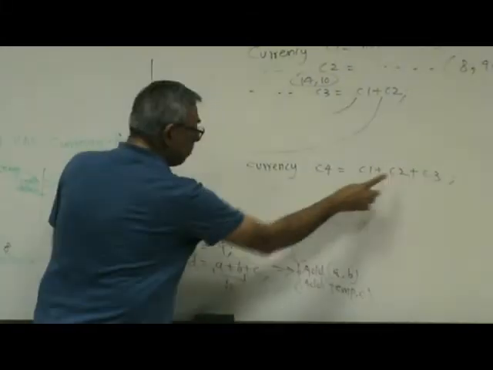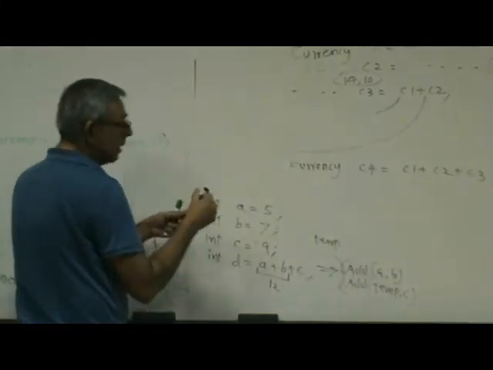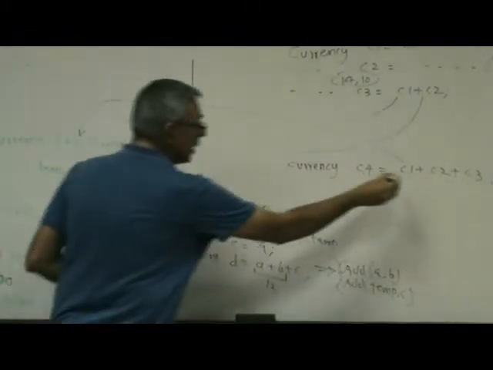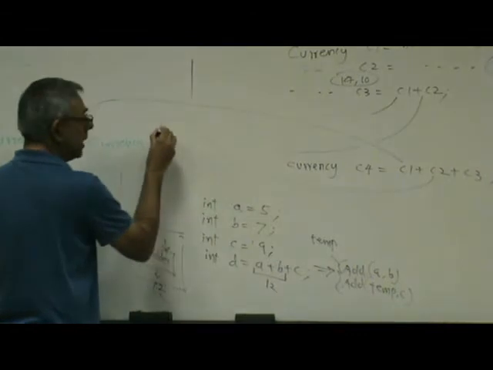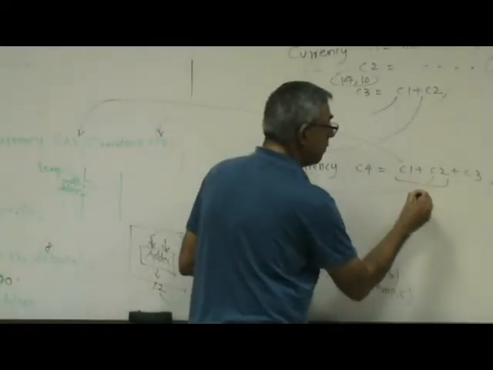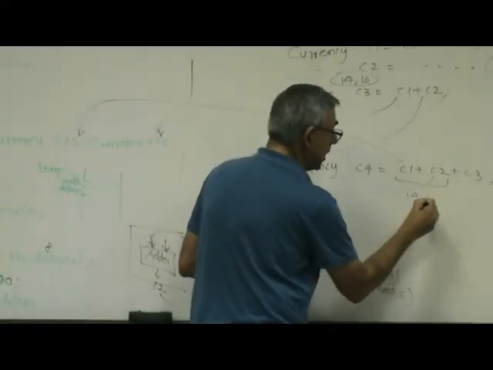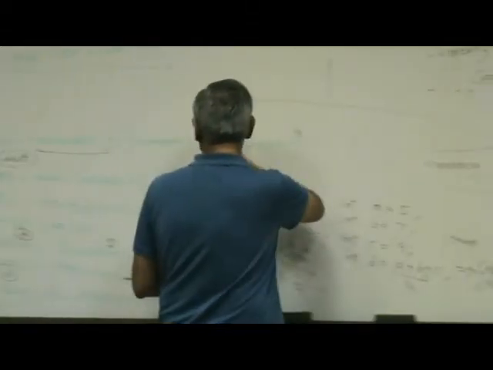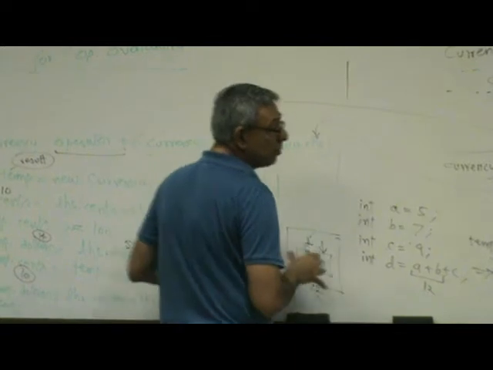C1 plus C2, C1 will be given as the left-hand side, C2 will be given as the right-hand side. So it will compute, in this example, $14.10. Then the reply will come back, 1410, and the compiler will translate it to one more call to the same operator plus function.